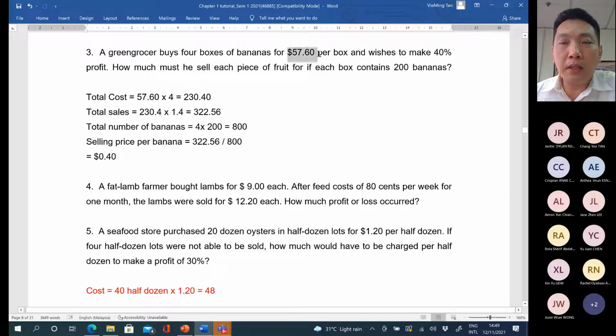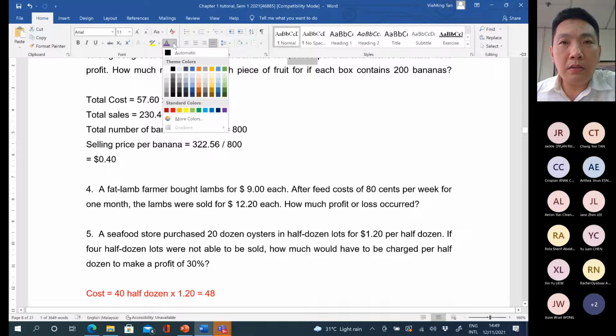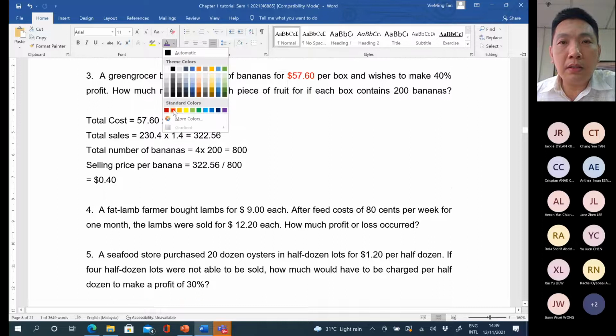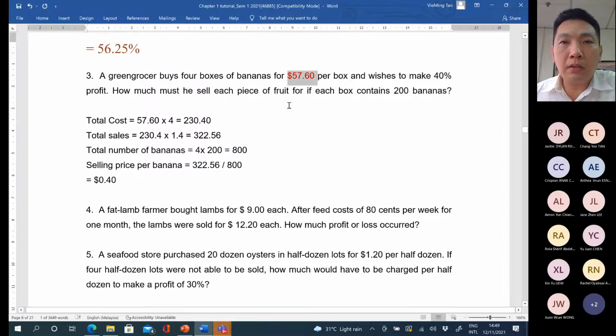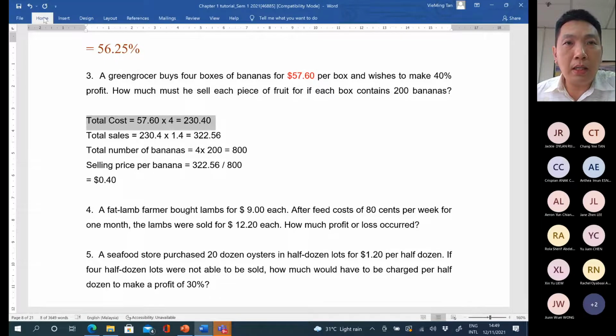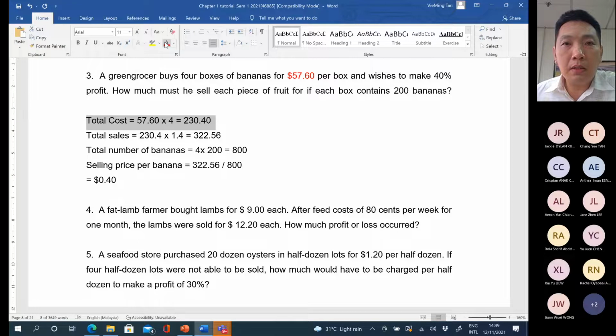Total cost is 57.6, one box, multiply 4. So the total cost is equal to 230.4. I use red color because it's cost. So this is the total cost for this grocer.